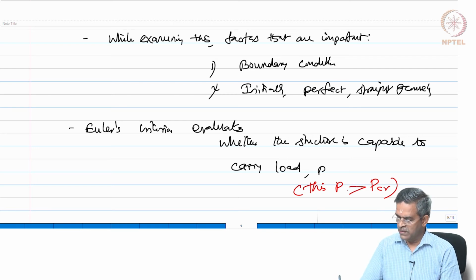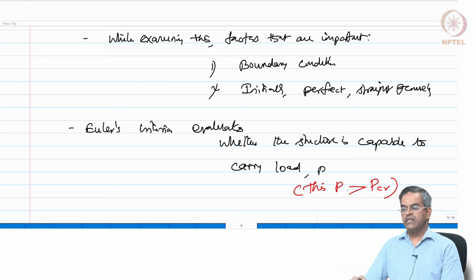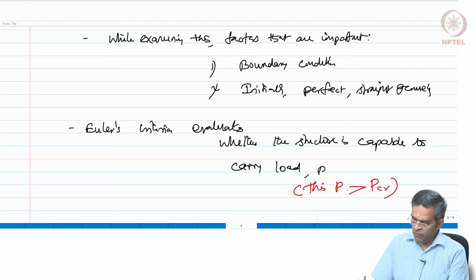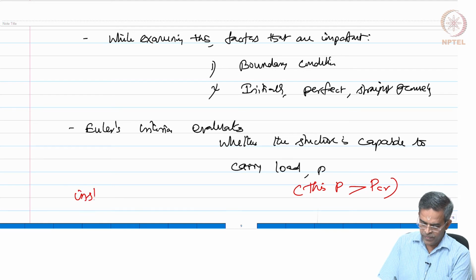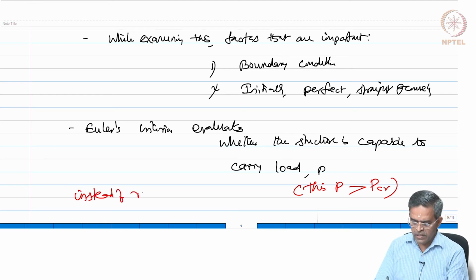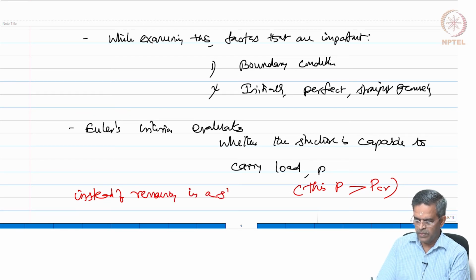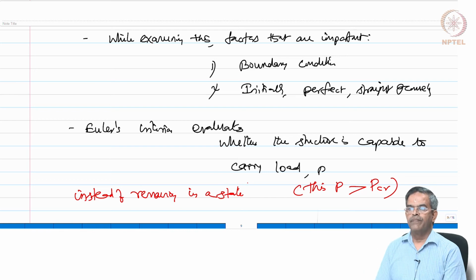Let us say we are looking at the failure condition, instead of remaining in a state where it is unable to carry any load at all.